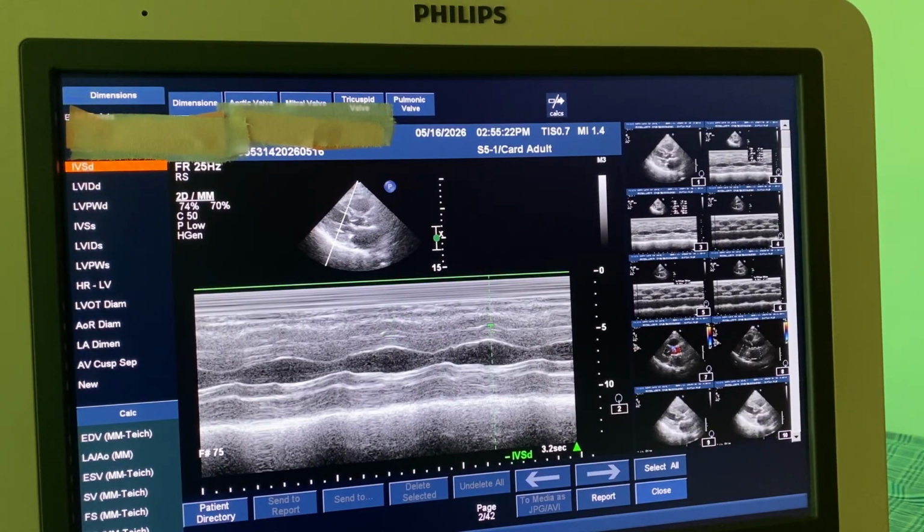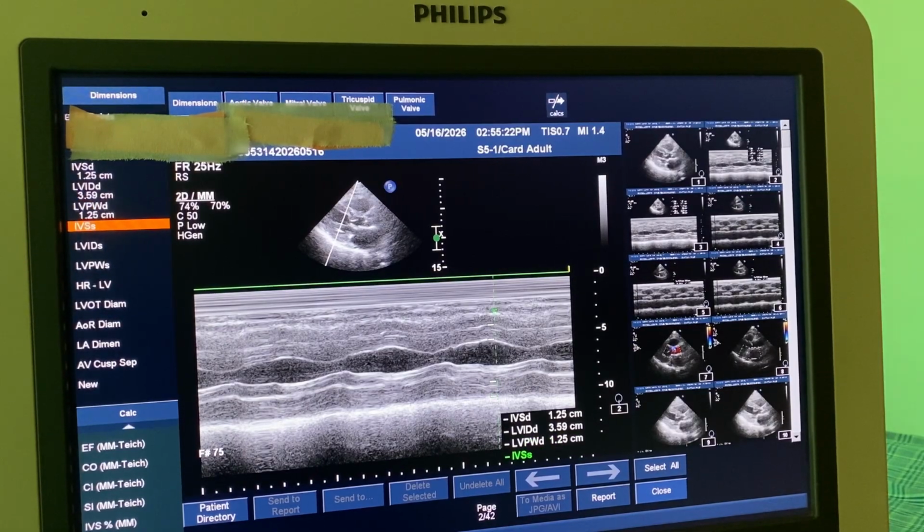See? Almost 2 point something. That is hypertrophy.